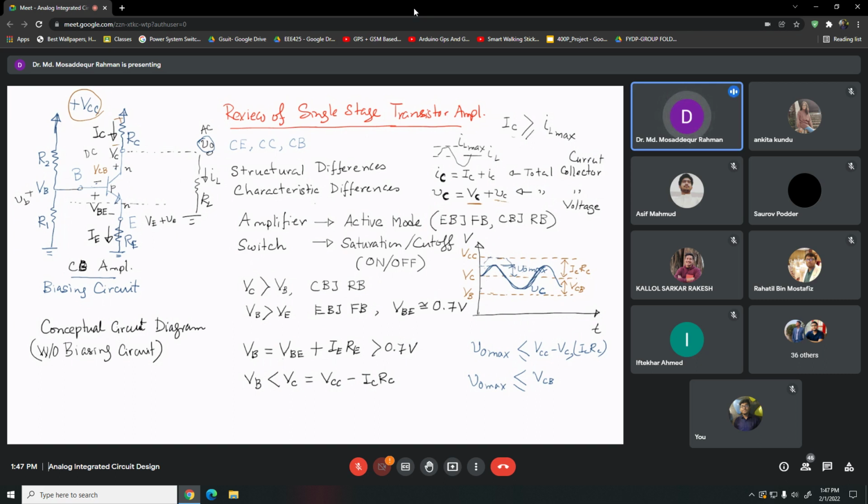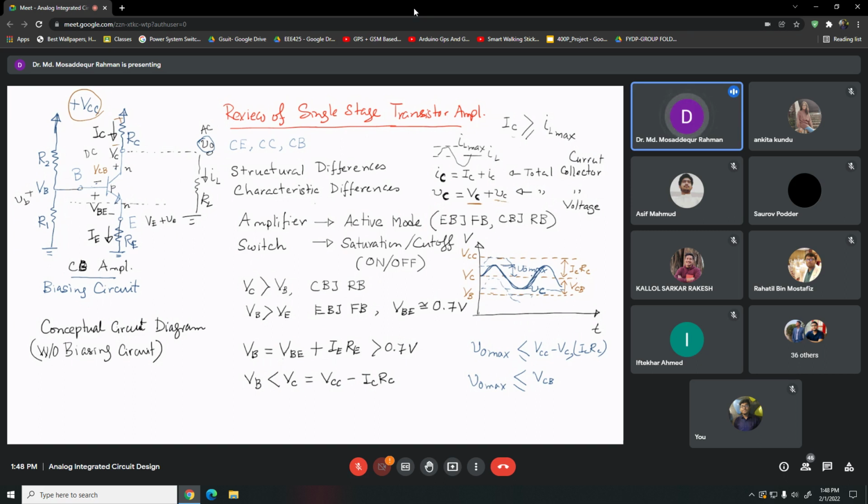Or if VC is too low, very close to VB, it is still reverse biased, so you will say it is in active mode, but it will not be able to accommodate the negative half of the signal. You get cut off here. So you will not get the correct signal at the output. It will get distorted, chopped off.